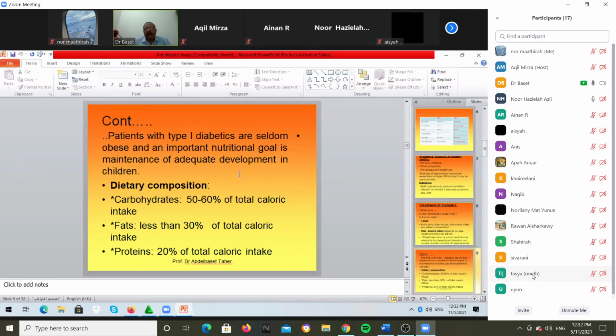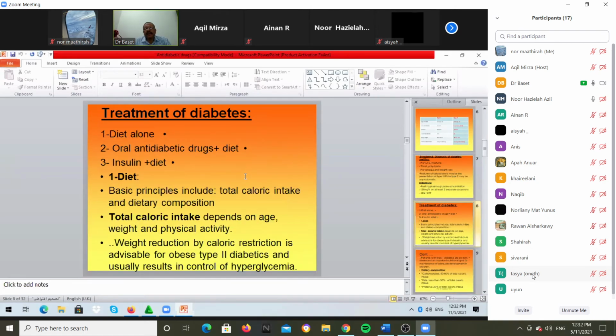So again, if I want to speak about diet, I must know two important points. Total caloric intake, and how to measure it. This can be done by an experienced physician or dietitian. And we can speak about the dietary composition.